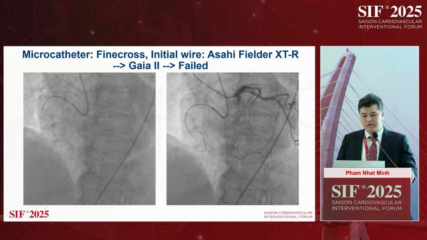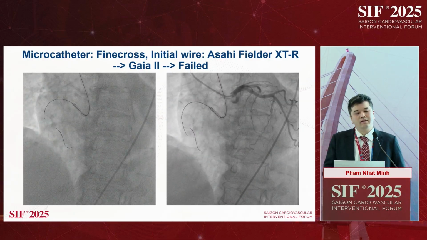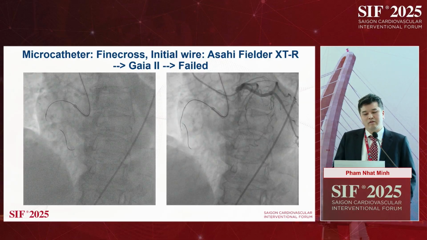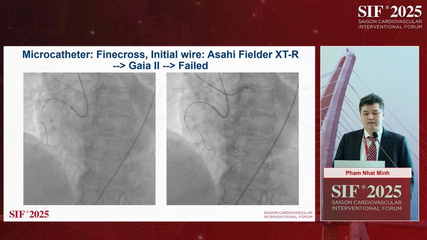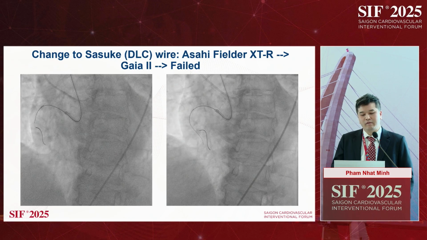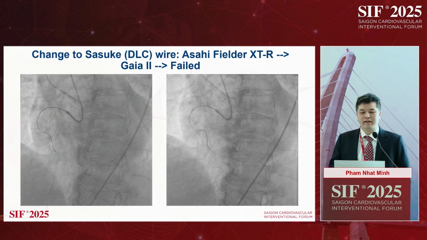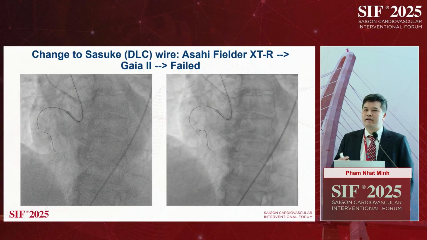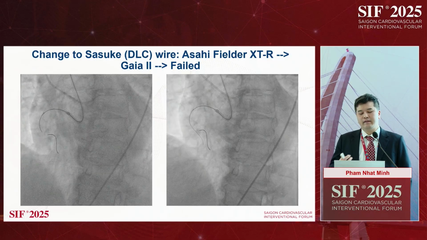For the second time, we tried another microcatheter, a dual lumen catheter, changing from 5 Cross to Sasuke, because there's a side branch, which we know is very crucial if you want to do the parallel wire technique. Then I used exactly the same wires as previously, Fielder XTR and then Gaia, and failed one more time.